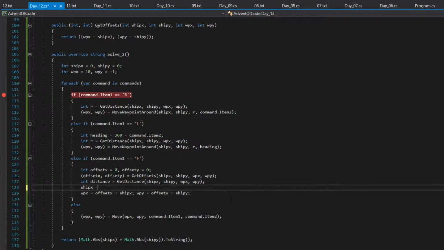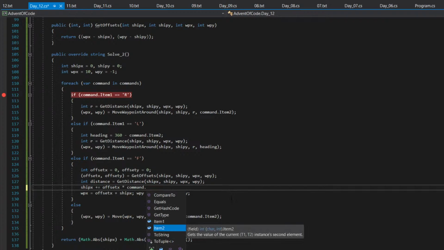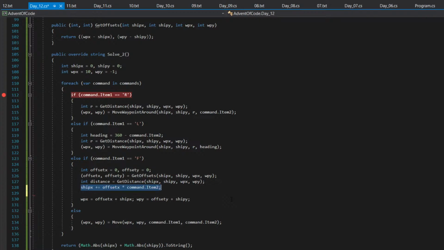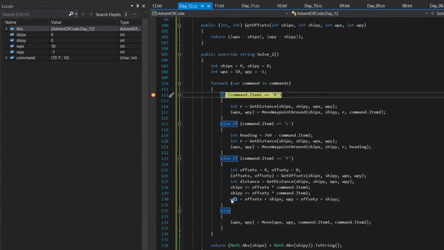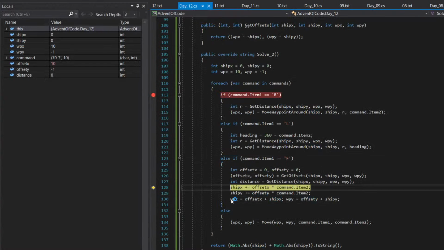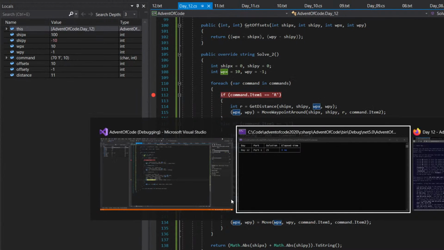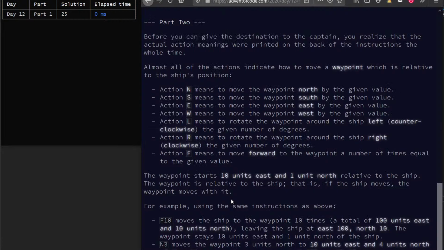Let's see. Offset x times command dot item 2 and y is going to be 10 and -10. 100 units east and 10 units north.